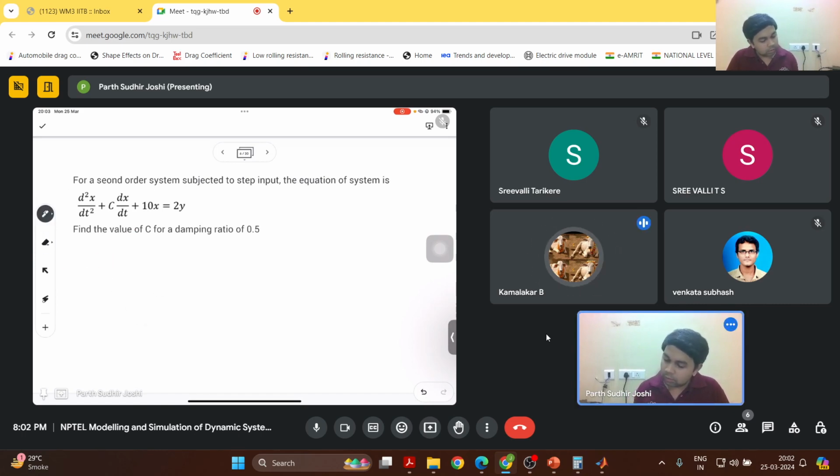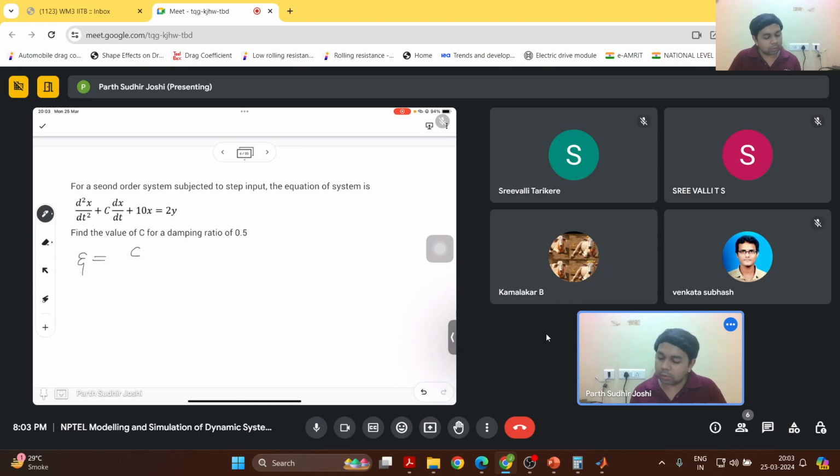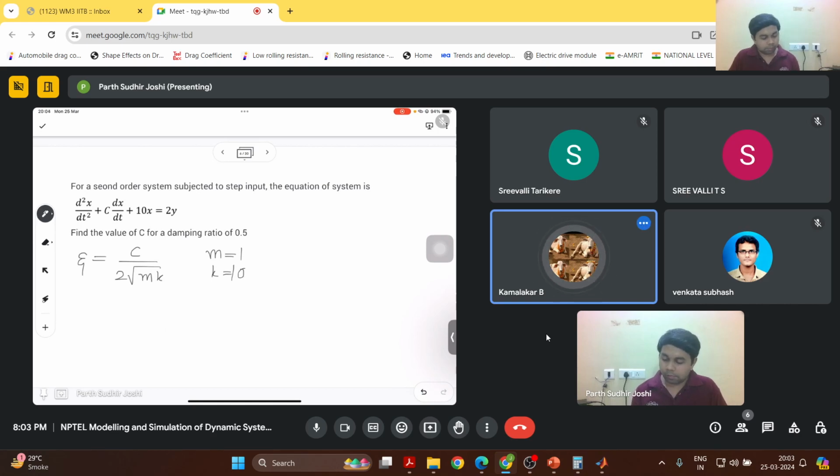If we substitute the values in that, yes, that is also correct. So then what is m and k? m is 1, k is 10, and zeta equal to 0.5. So yes, you're right.